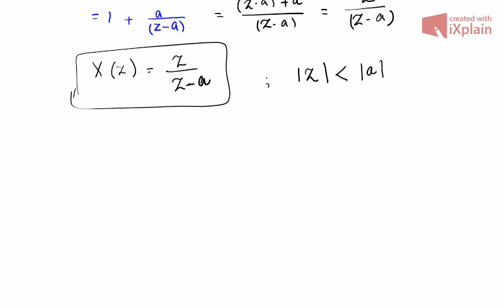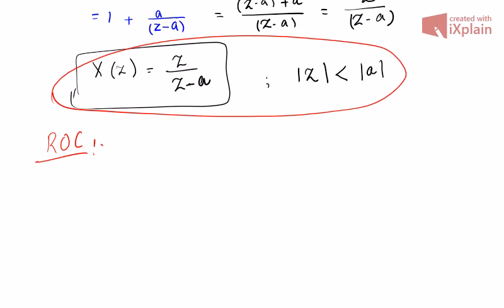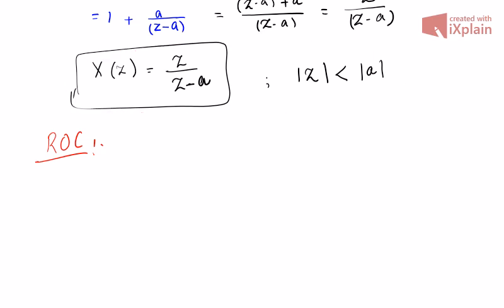The region of convergence from this expression x of z can be found using this information. If you see the z plane, where we have the imaginary part of z here and the real part of z here, we can identify immediately the poles and the zeros of this function.